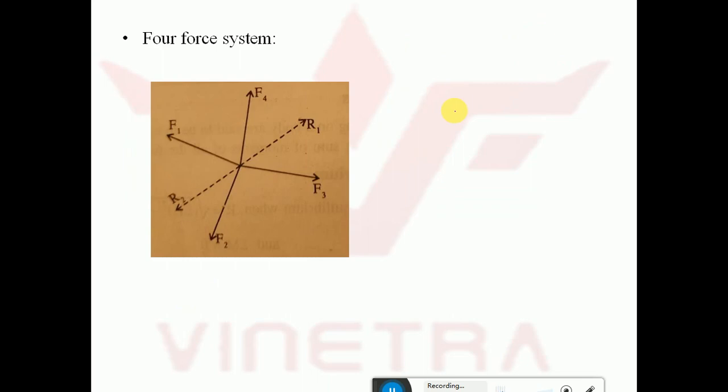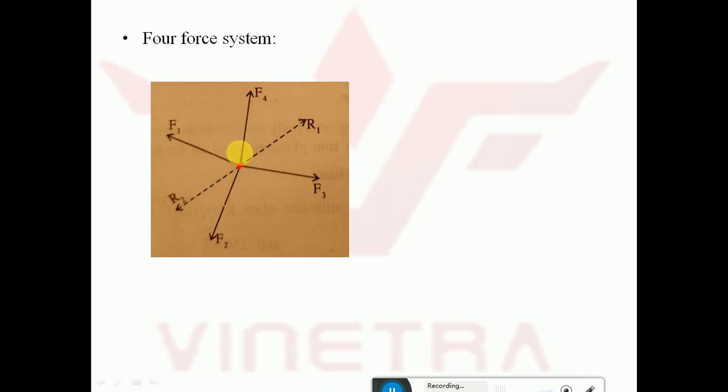Now let us go for the 4-force system. See here, in the 4-force system, if the 4 forces are concurrent forces, let us say F1, F2, F3 and F4 are the four forces which are concurrent and acting in the same plane.